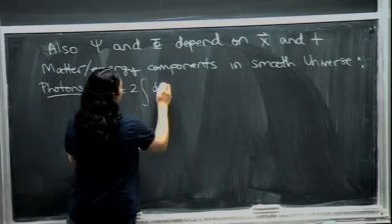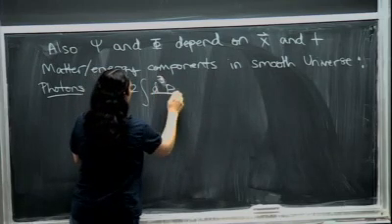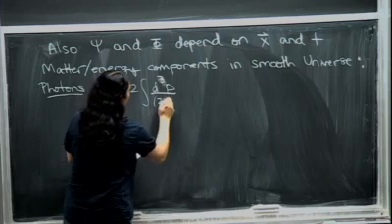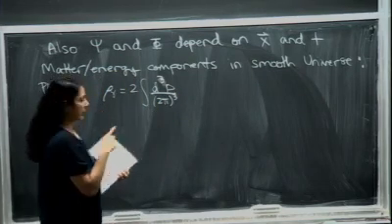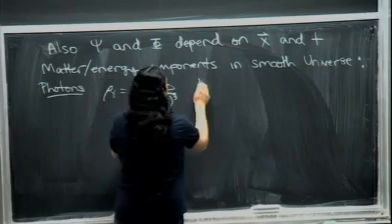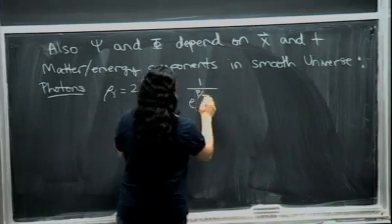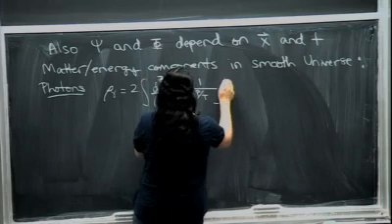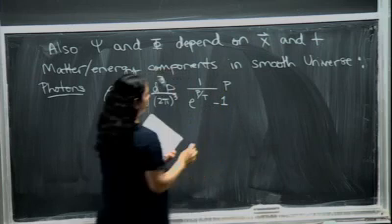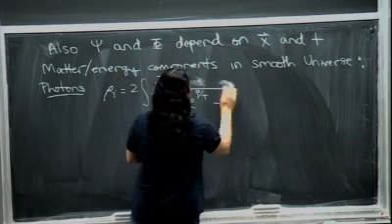So we would have d^3p, where I'm setting h-bar to 1, and then I would have 1 over e^(p/T) minus 1, multiplied by p. I'm going to put p here.